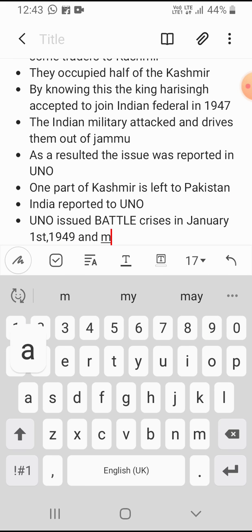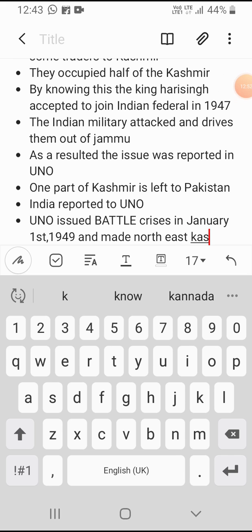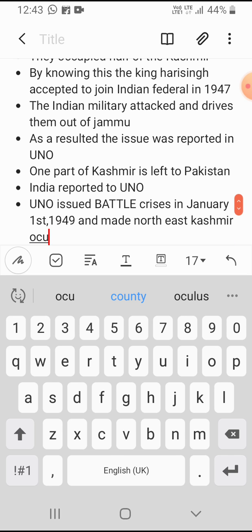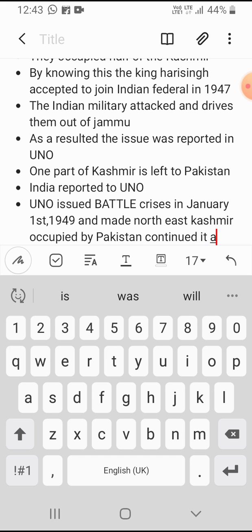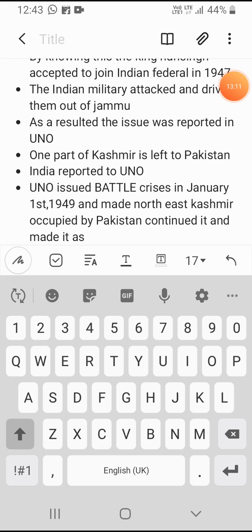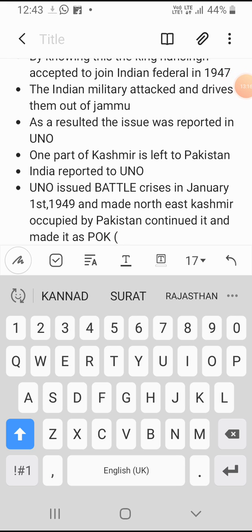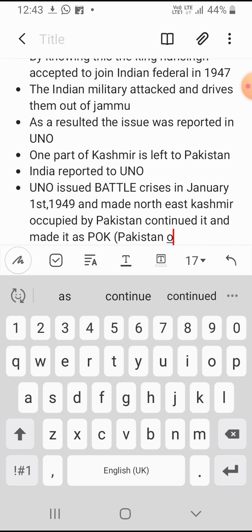The northeast of Kashmir was occupied by Pakistan. It was continued, so it was left to Pakistan only, and they made it POK. POK means Pakistan Occupied Kashmir.